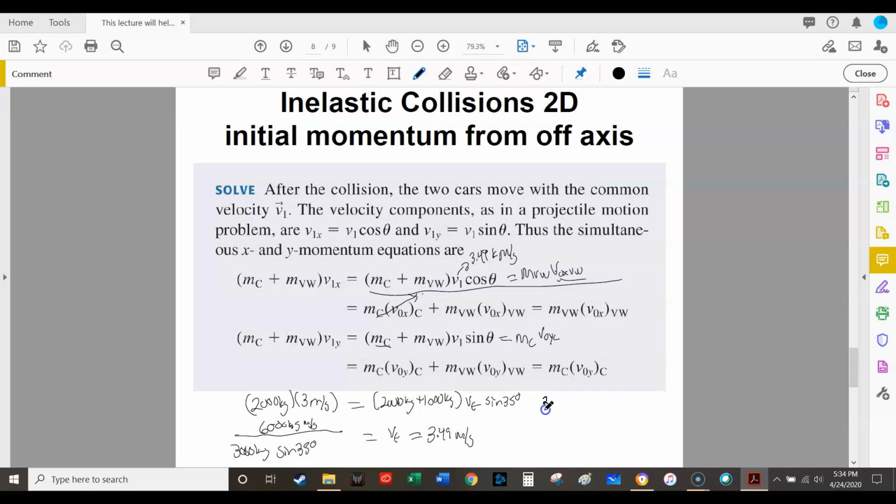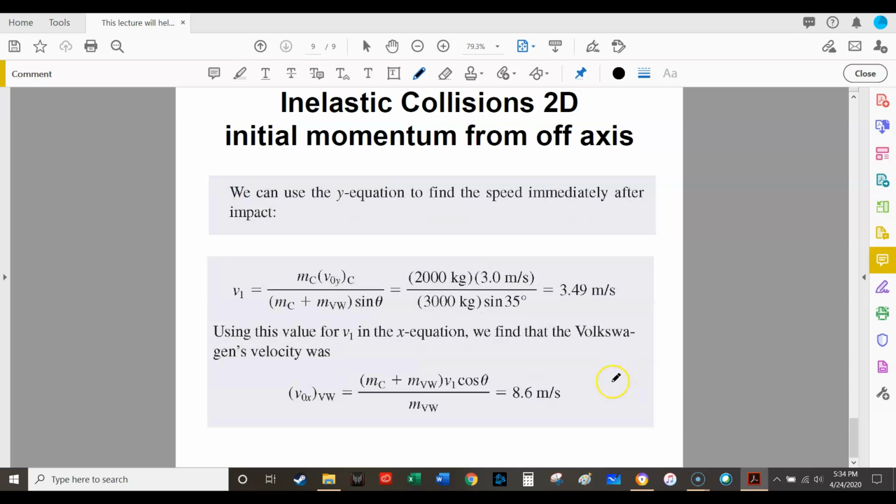It's going to be the combined masses, 3,000 kilograms, times that final velocity after the impact, which is 3.49 meters per second, times cosine of 35 degrees, divided by the mass of the Volkswagen, which is 1,000 kilograms, and that's equal to its initial velocity. And that's how they got it to be 8.62 meters per second in the x direction.